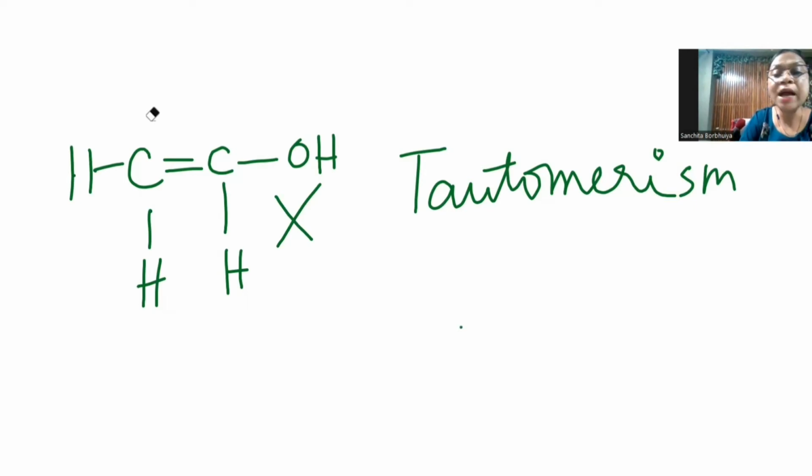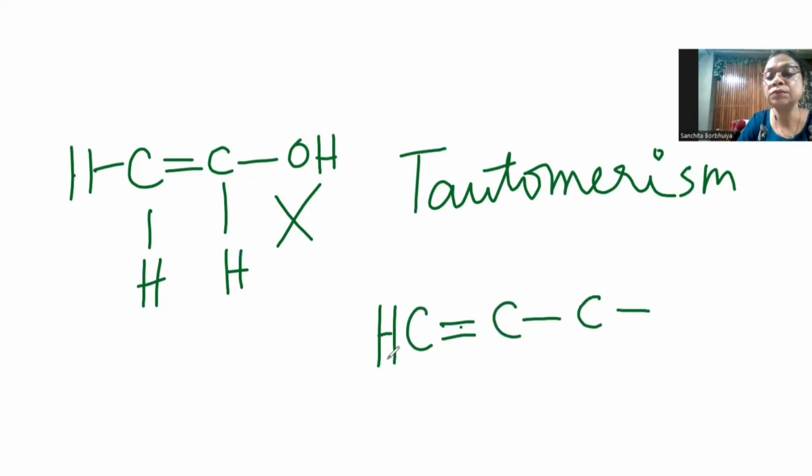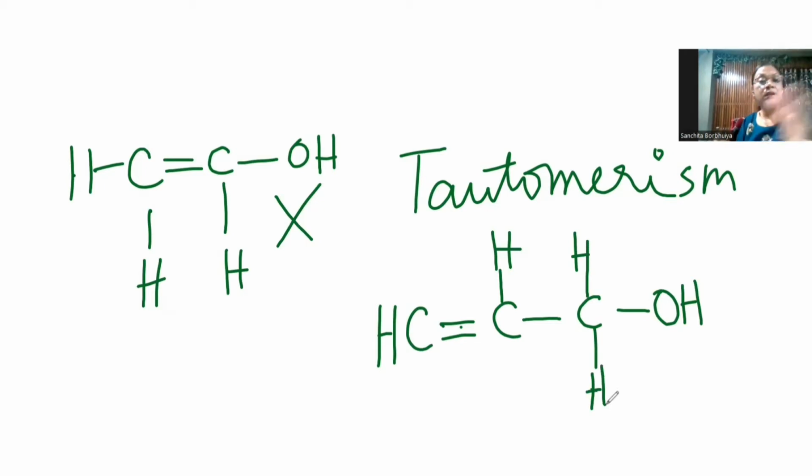So we will go to the next alcohol, which is stable. See, I do not have the double bonded carbon containing the OH. So if I do not have a double bonded carbon containing the OH, then this alcohol is stable.